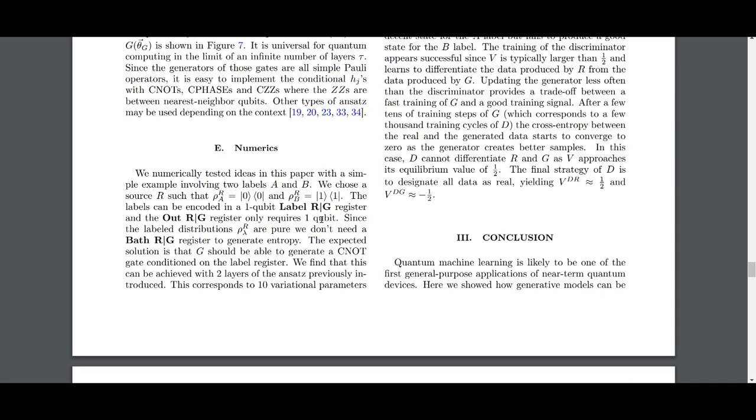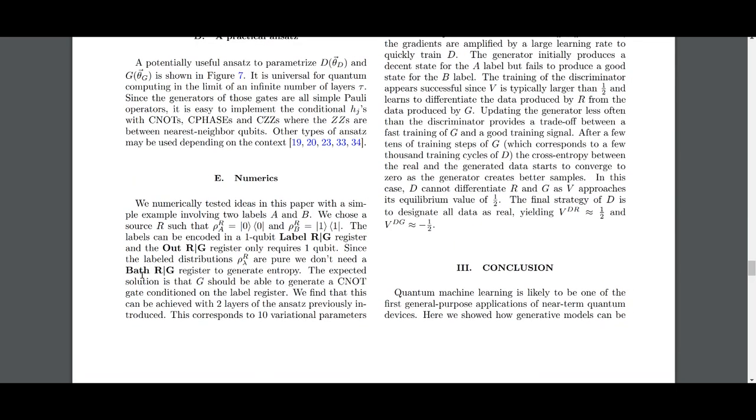So in their database of examples R, there's 0 and 1. The labels can be encoded in a 1-qubit label RG register, and the out RG register only requires 1 qubit. So they don't need what they call the bath.